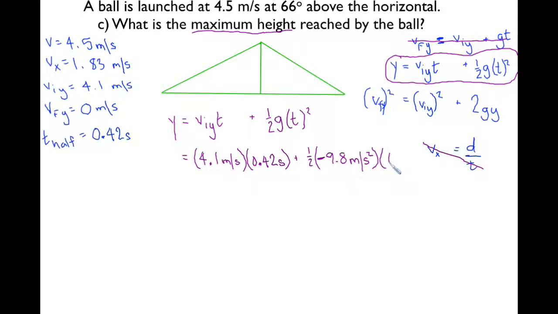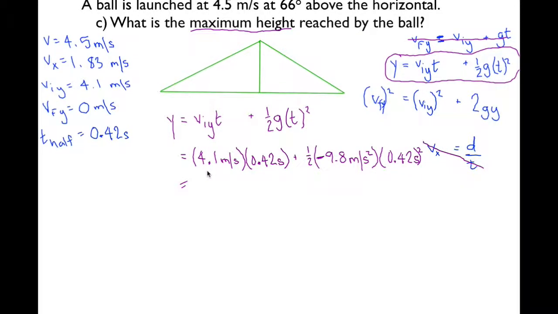And so we're going to have gravity be negative. 4.1 times 0.42 is going to be 1.72 meters. 1/2 times negative 9.8 is 4.9 meters per second squared. 0.42 seconds squared is going to be 0.1764 seconds squared.